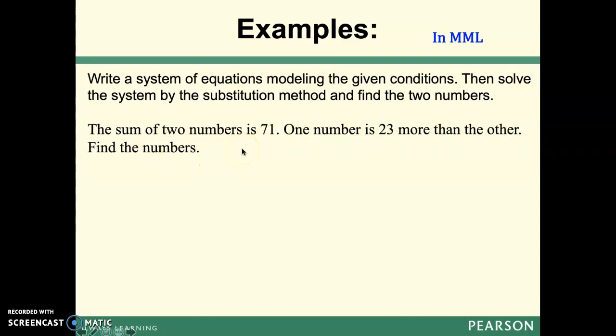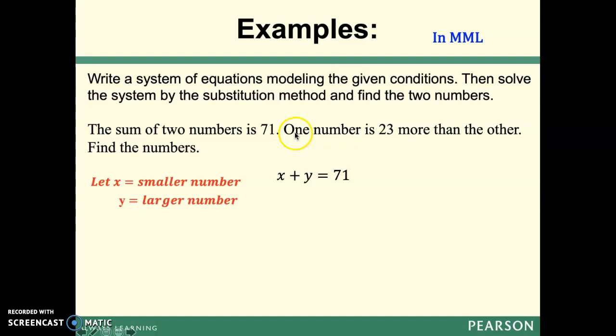When you're solving these kind of word problems, it really is the best idea to define your variables. So I'm going to say let x equal the smaller number, and let y equal the larger number, and I know the sum of the two numbers is 71. That's my first equation.